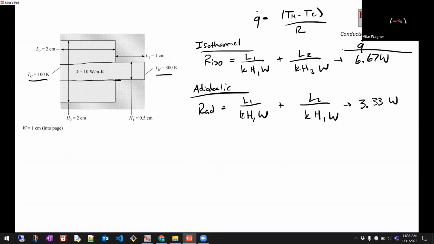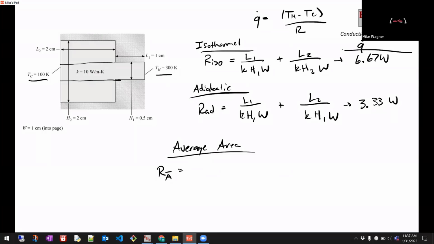So let's look at a couple other models that are commonly used and do a little bit of analysis on this. There's one called the average area model. The idea there is you're going to compute some R based on an A bar, an average area that's available for heat transfer.